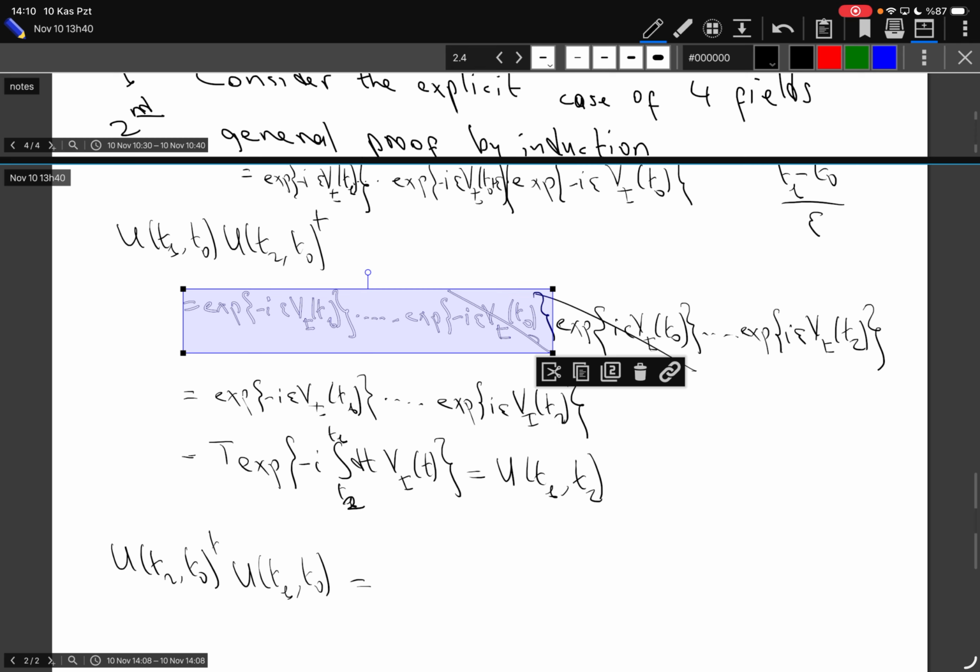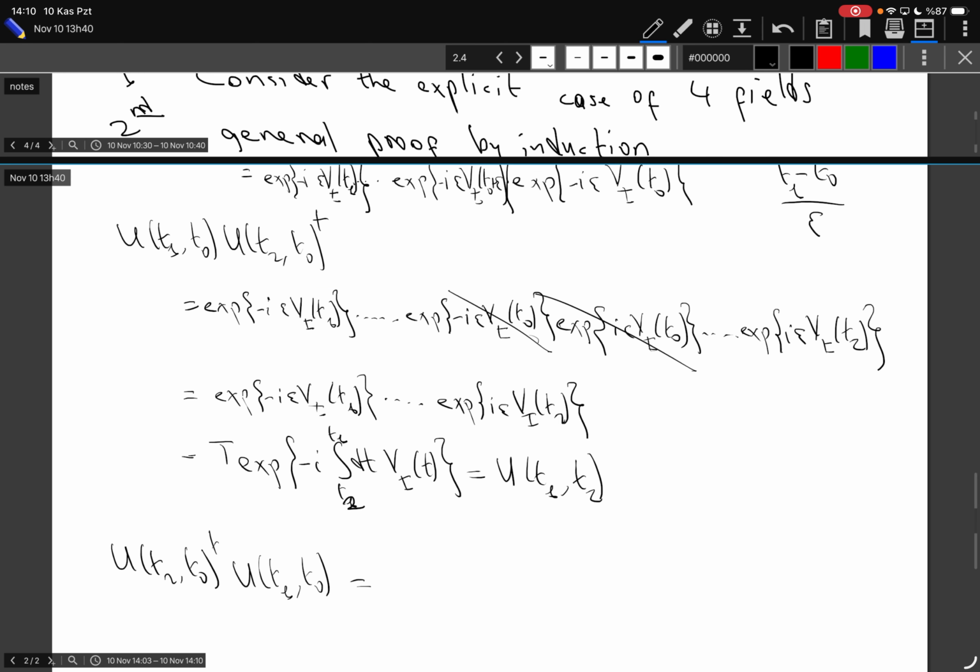We do this just because it doesn't depend on time. I mean, potentials commute with each other so that we can. No, I'm not assuming the potentials commute with each other. In fact, I'm assuming that potentials do not commute with each other. Potentials at different times do not commute with each other. That's the kind of trouble I'm having, and so I'm just doing all these tricks.